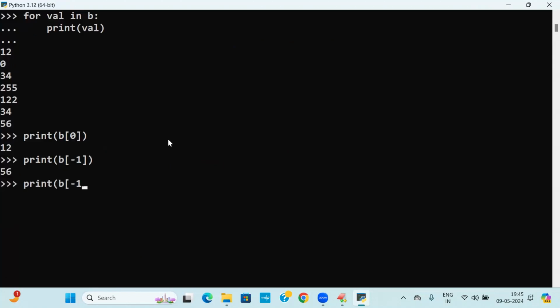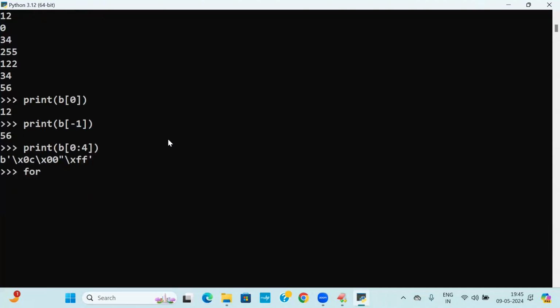But when you print B of 0:4, the full values will not come at that time. How do you get that value, sir? For value in B of 0:4, if I say print of value, I am getting 0 to 3 values or not?